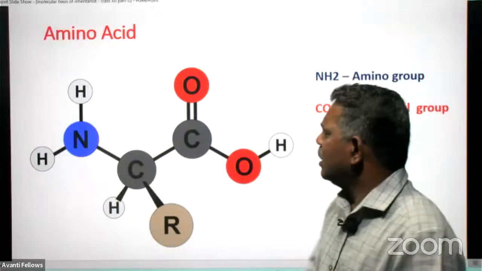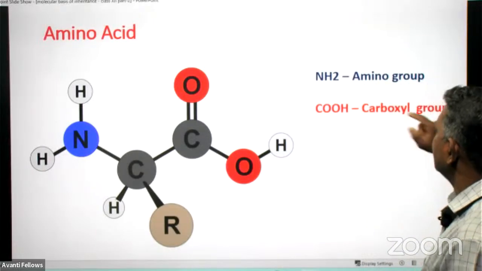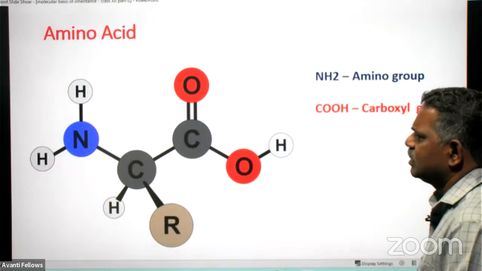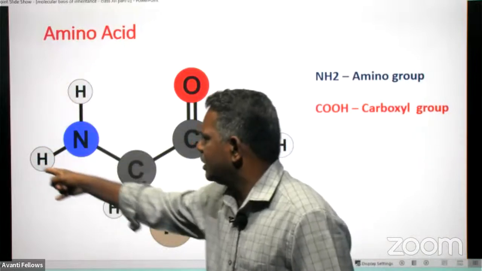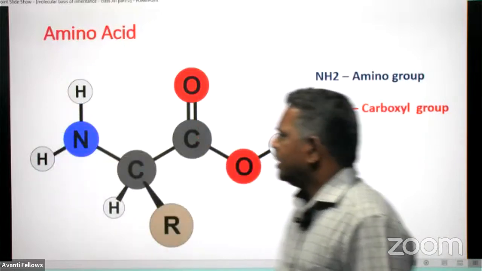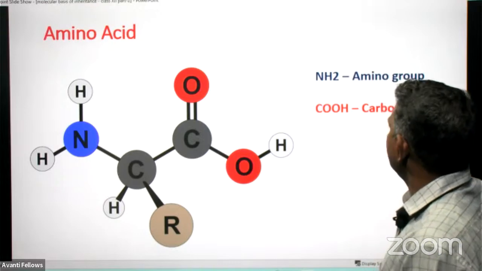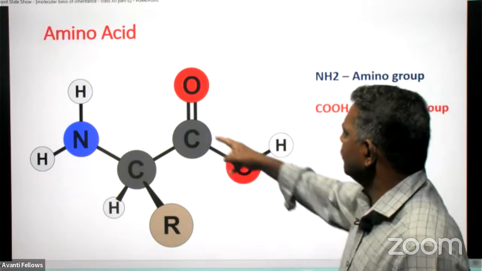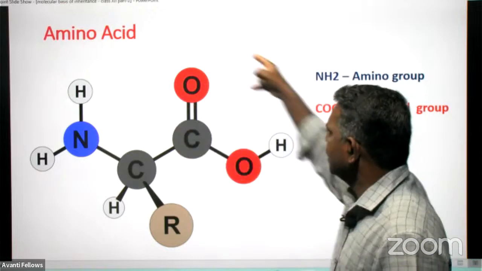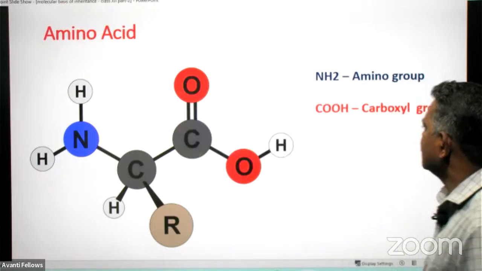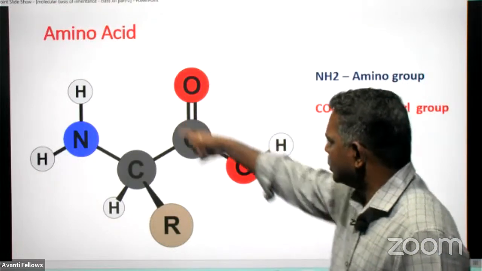There are two functional groups. One is the amino group, and another one is the carboxyl group. Amino group, NH2 group. Here we can see a functional group, the NH2 group. That is the amino group of the amino acid. And another one is the COOH group. Here we can see the COOH group. It is another functional group, and we call it the carboxyl group.